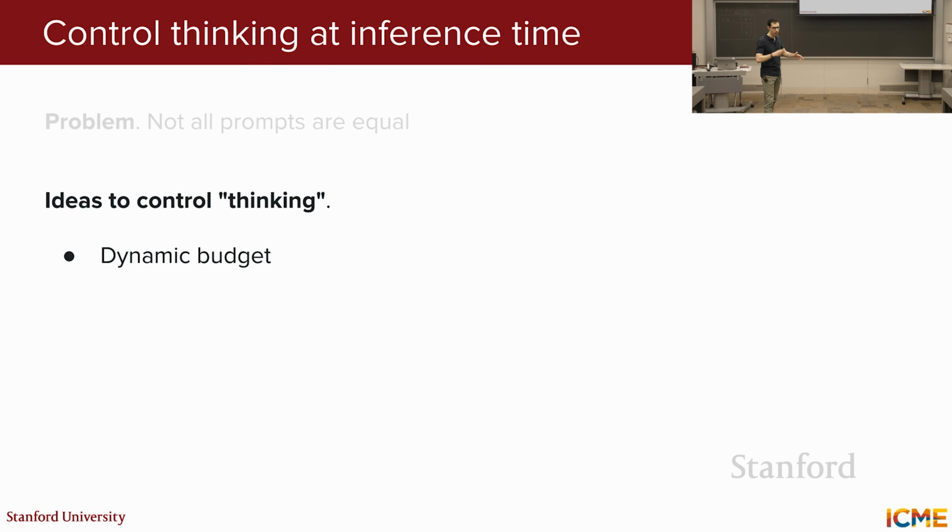So there's been a lot of work happening in the community as to how to control the amount of thinking that the model does. So you have things like dynamic budget that you will see out there. How can we make sure that the model does not overthink on questions that do not need too much thinking.